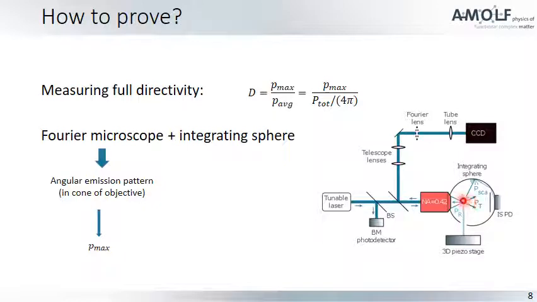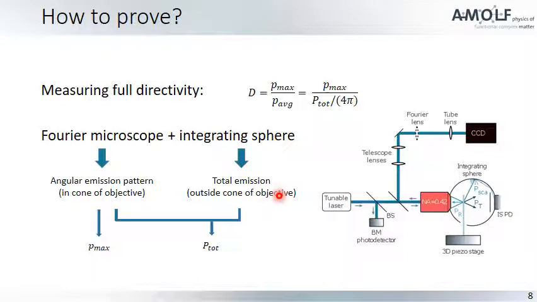Part of the light is emitted back into the objective and collected through the Fourier microscope on a CCD camera, while all the light that is emitted in other directions and is not collected by the microscope objective is scattered around on the wide scattering surface of the integrating sphere until it's detected by a second detector on the integrating sphere. And this gives you the total emission outside of the cone of the objective.